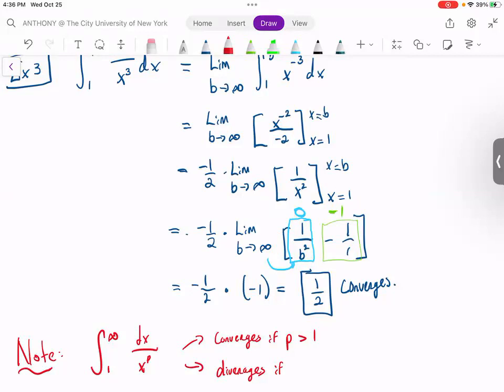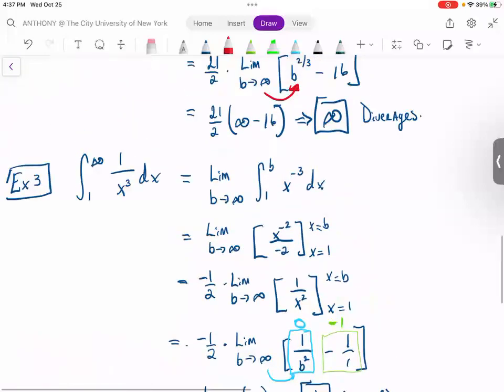So we usually say 0 is less than p, less than or equal to 1. And we saw that with the first three examples. In example 1, when I dealt with 1 over x, x was technically raised to the first power. So by this note, we know that it would automatically diverge because p was 1.